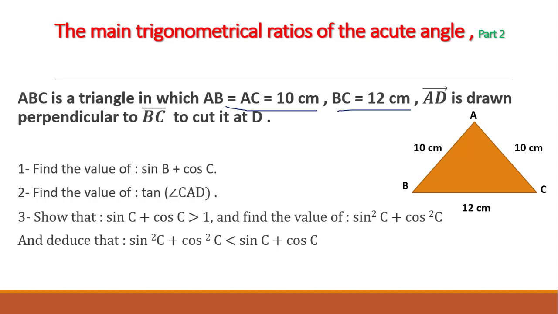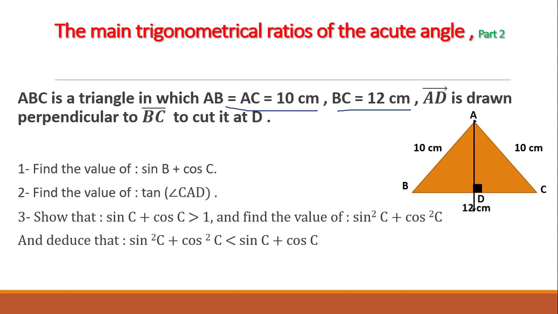Let's continue. The ray AD, so I'll draw a ray from A, perpendicular to BC, like this, to cut it at point D. Find the value of sine B plus cosine C.